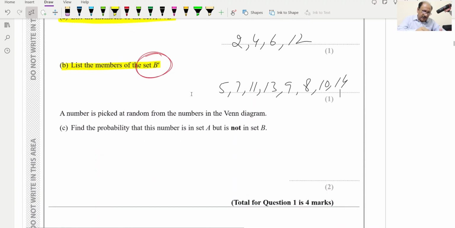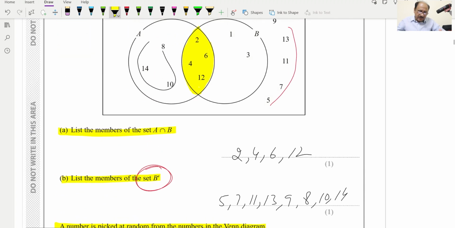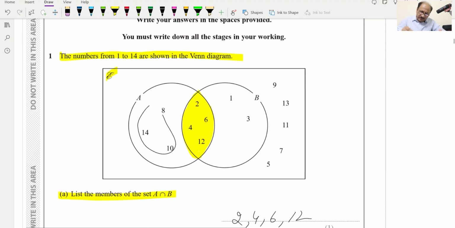Then they are saying a number is picked at random from the numbers in the Venn diagram. Find the probability that this number is in set A but not in B. So for this part we will be considering this shaded section.